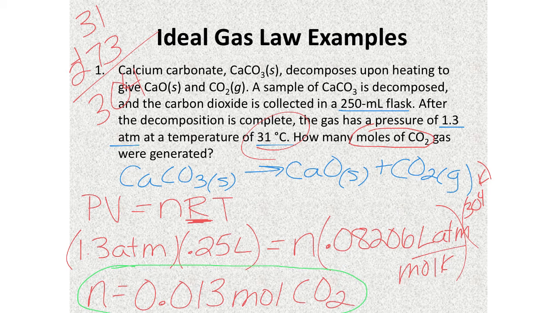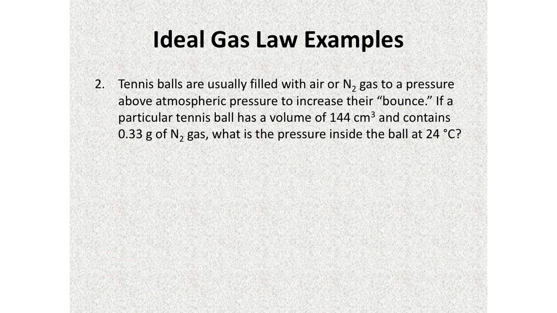Now you can already probably guess how we're going to be using this. If we know how many moles of carbon dioxide gas were generated, we could figure out how many moles of calcium carbonate reacted and how many grams of calcium carbonate reacted. So we'll be doing those calculations tomorrow.